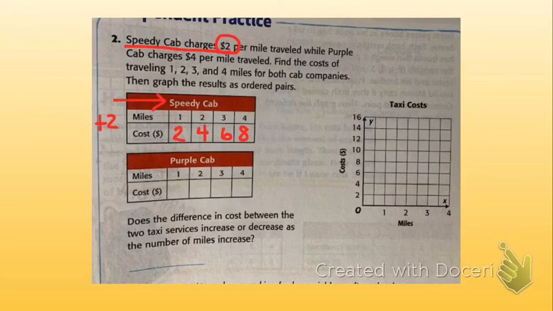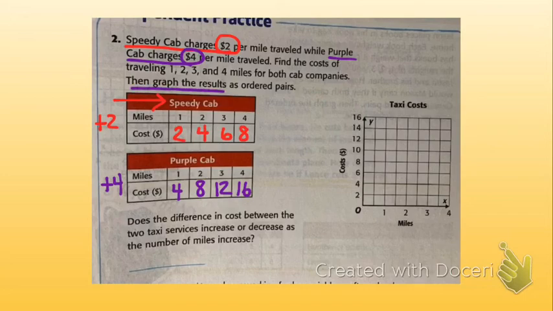The Purple Cab, starting right there, charges $4. So $4, $8, and again our rule here, we're adding $4 for each. 12, 16.